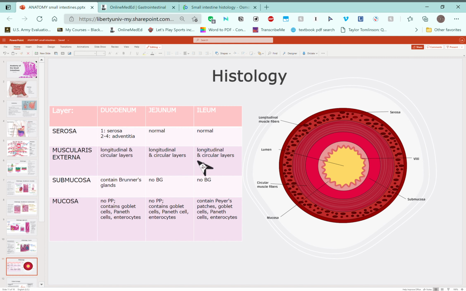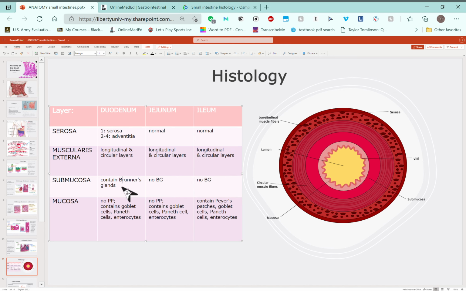This slide is kind of just a summary of the histology that we went over. The serosal layer: with the duodenum, you'll have that serosa in the first layer, with the second, fourth being adventitia, but it's normal within the jejunum and the ileum. For the muscularis layer, for all three areas of the small intestines, we're going to have that circular muscle and longitudinal muscle.